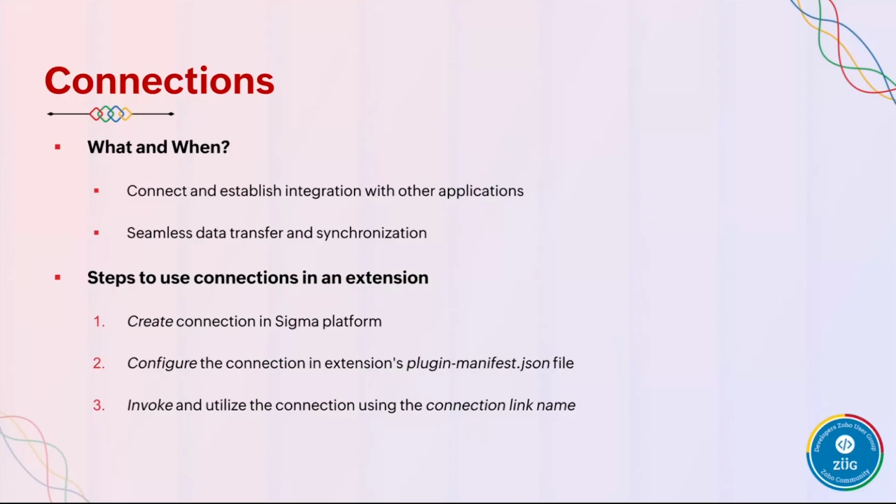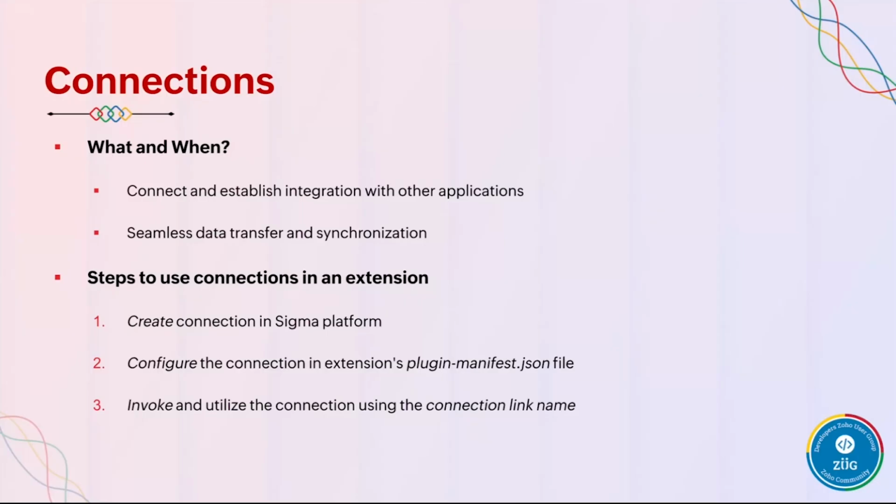We can separate this into three steps. The first is creating a connection in your Sigma platform. As the second step, you'll have to configure the connection that you created in the Sigma platform inside your extension's plugin-manifest.json file, because as we said, any important feature that we use as part of the extension has to be configured in that file.